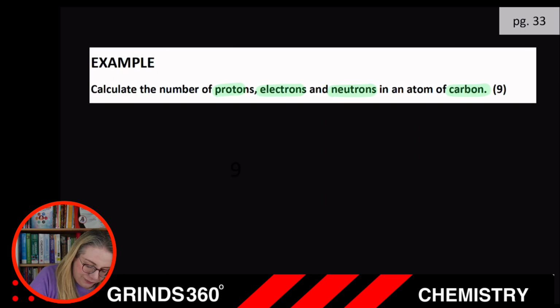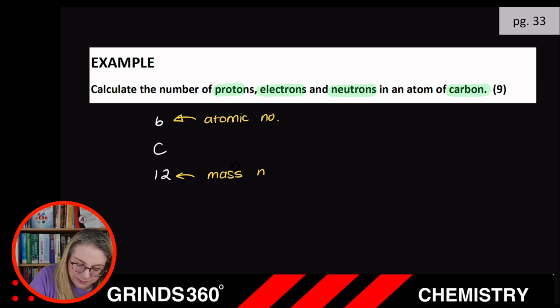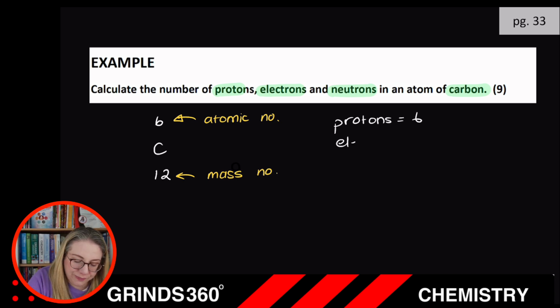So here we write down carbon. You've got 6 as the number on top and 12 as the number on the bottom. Now, remember, your atomic number gives you the number of protons. So your atomic number is this one here. And the big number on the bottom, that is the mass number. So for counting my number of protons, there are 6 protons in an atom of carbon.